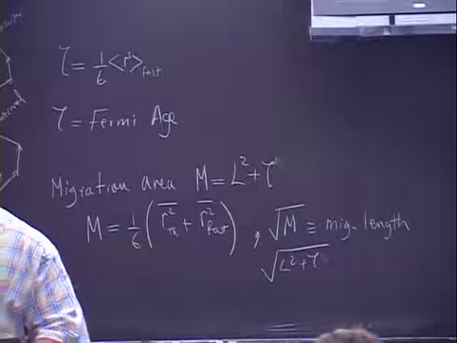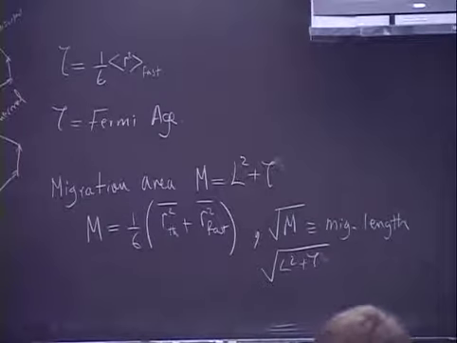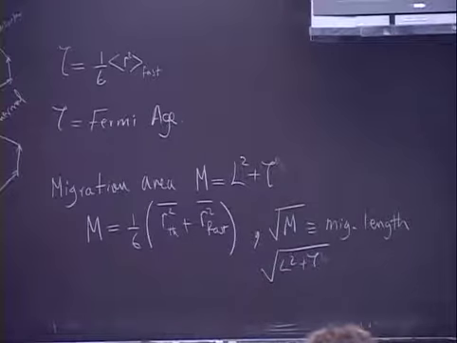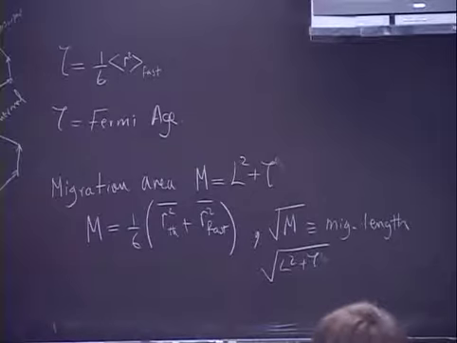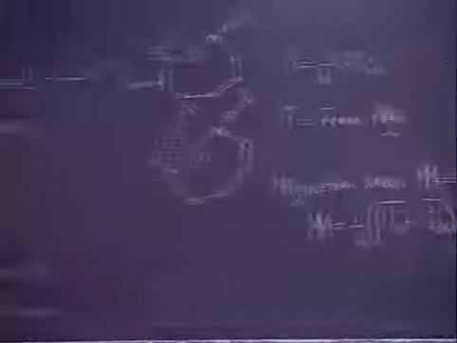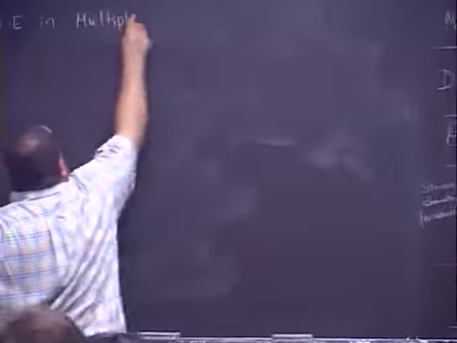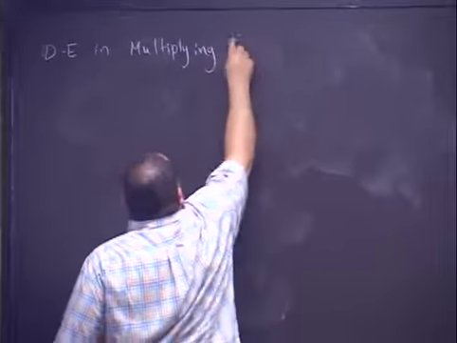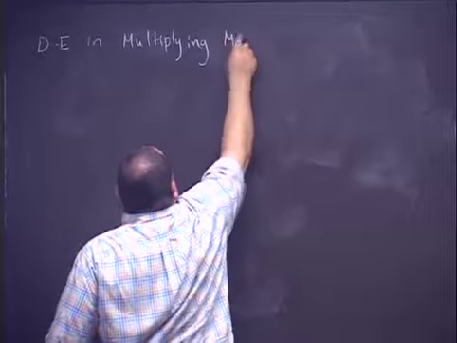Now, let's change gears and move to how to solve the diffusion equation in a multiplying medium, as opposed to the last couple of lectures, where we solved it in a non-multiplying medium. So, the diffusion equation in a multiplying medium.